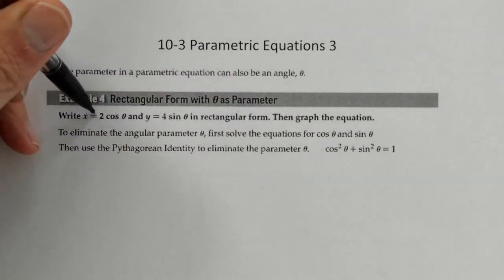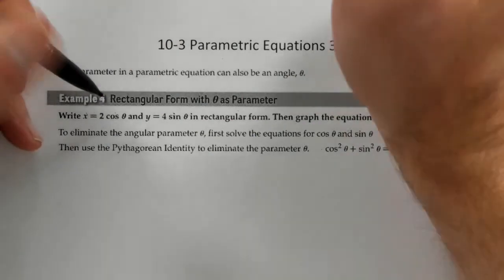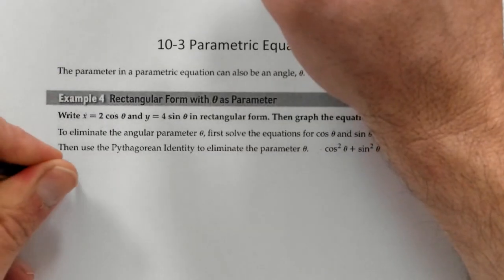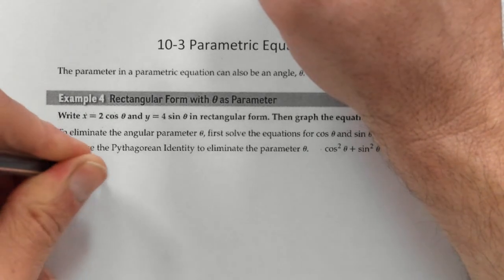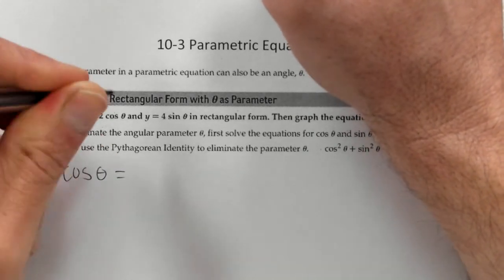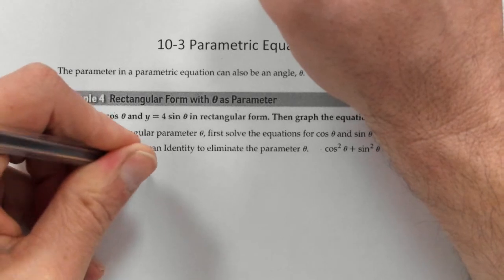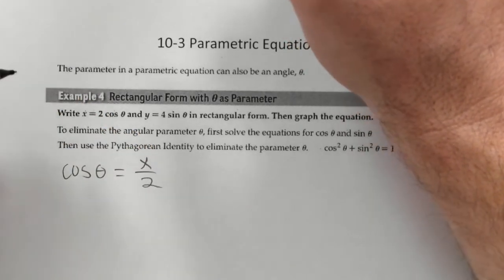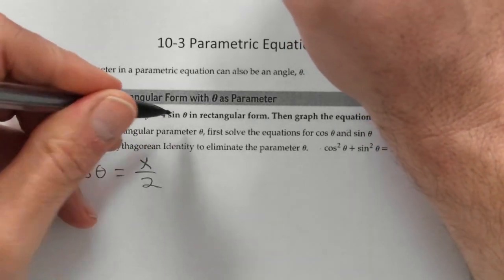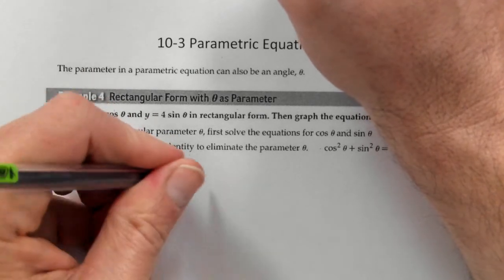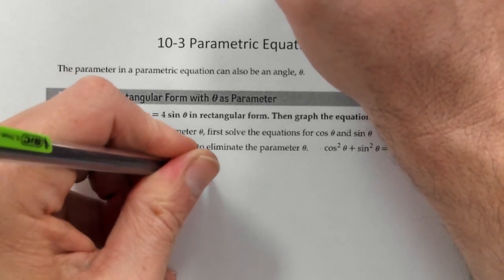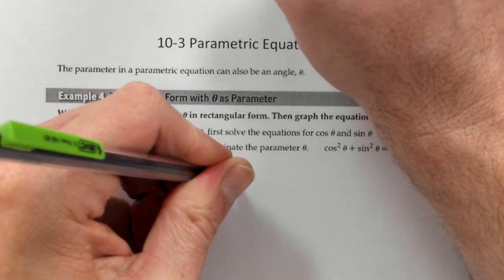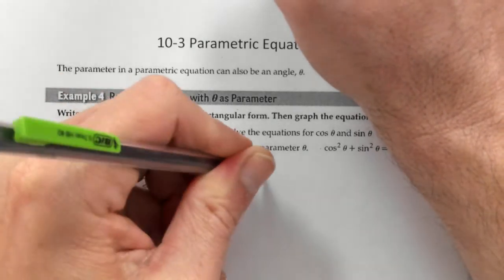On this first one, if I wanted to solve for cosine of theta, I could divide both sides by 2 and have it pretty quickly. That becomes cosine of theta equals x over 2. And solve this one for sine of theta. By dividing by 4, it becomes sine of theta equals y over 4.